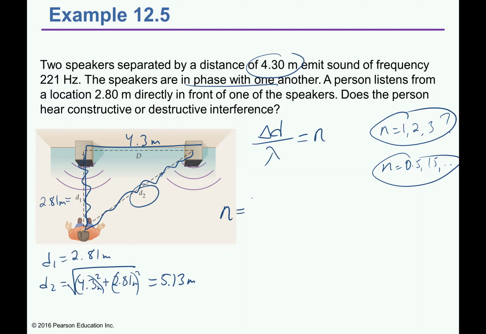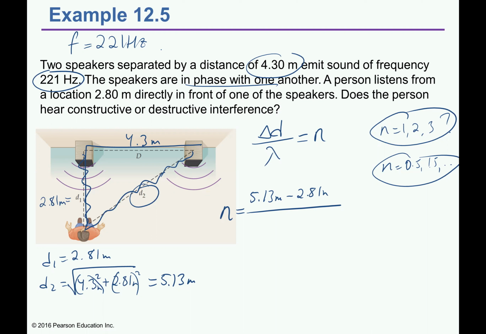All right, that means this is going to be, remember, the delta D here is D2 minus D1, so 5.13 meters minus 2.81 meters, and divide by the wavelength. So are we given the wavelength? Well, not directly, but we're given that there's a frequency of 221 hertz. So what do we do with the frequency?